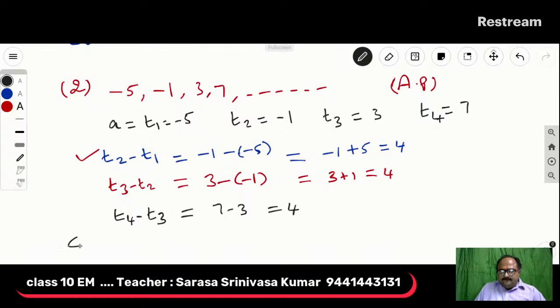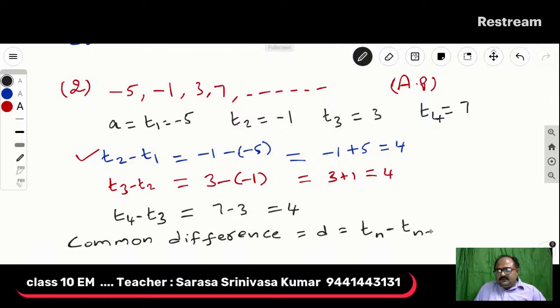Now we write the common difference: d equal to tn minus tn minus 1. Here in this problem, the common difference is 4. So the common difference is equal to t2 minus t1, t3 minus t2, t4 minus t3. We can write all these steps.